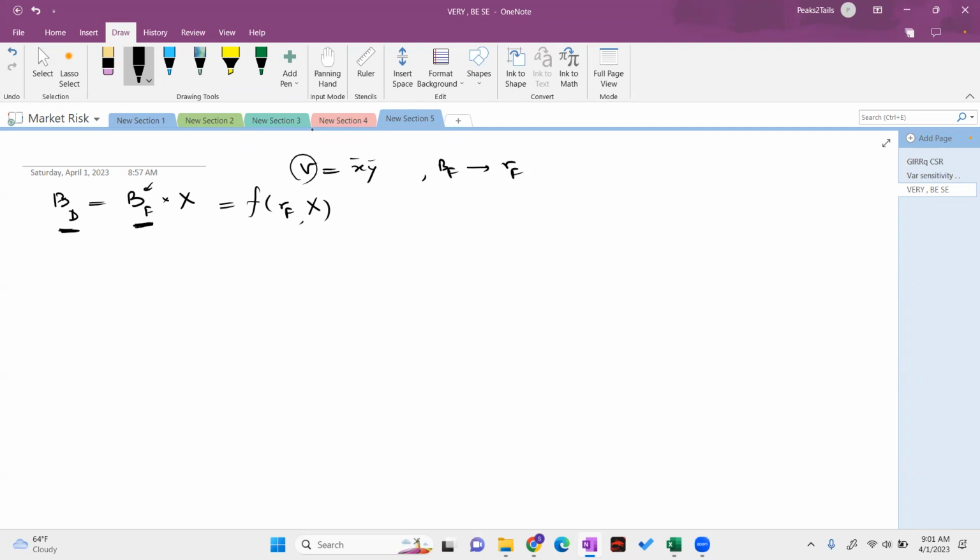Now let's do maths, just maths. This is one variable, and these are two random variables, a product. If you are doing delta approximation, delta BD is equal to the first order partial derivative with respect to RF times delta RF, plus the first order partial derivative with respect to X times delta X. Any doubts in this equation?